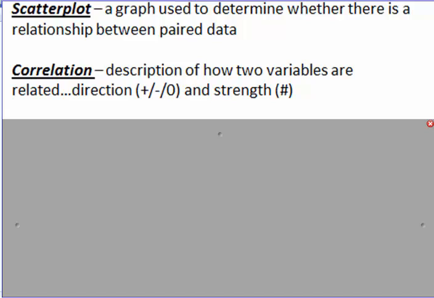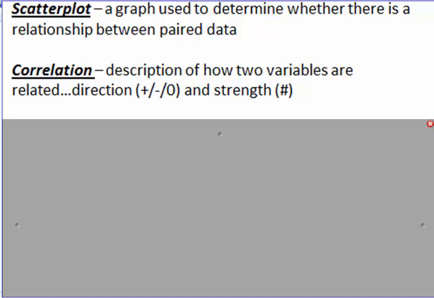Correlation is a description of how the two variables are related. It gives you direction and strength. We're going to pretty much only look at direction in this class. So direction would be: is it a positive slope, a negative slope, or is it so scattered that it doesn't even look like a straight line that there would be any slope? The strength part is actually a number that says how close it is to a straight line.